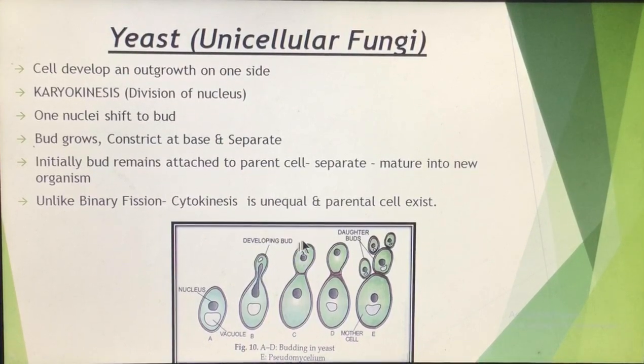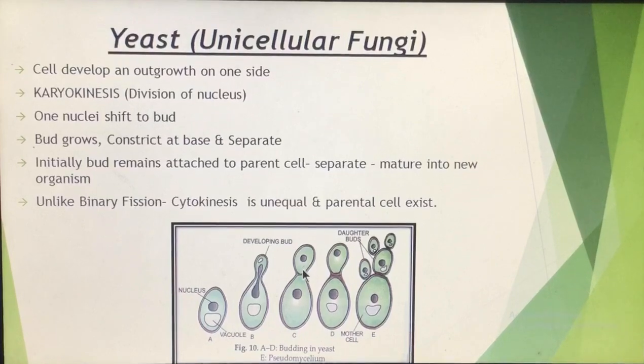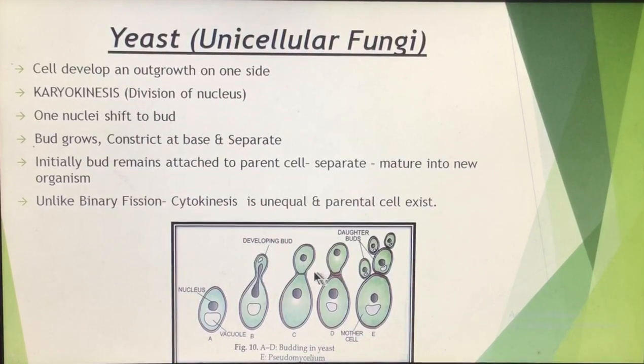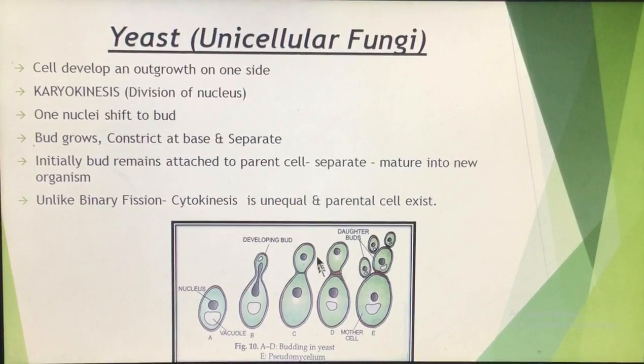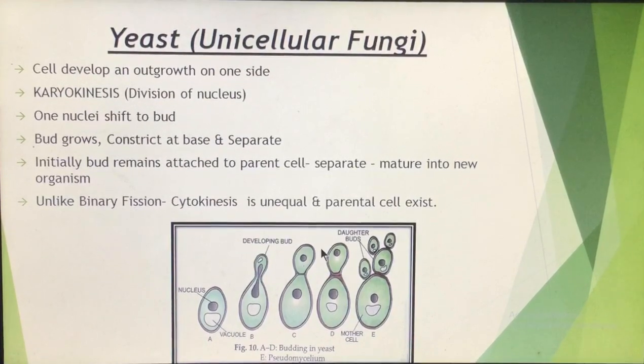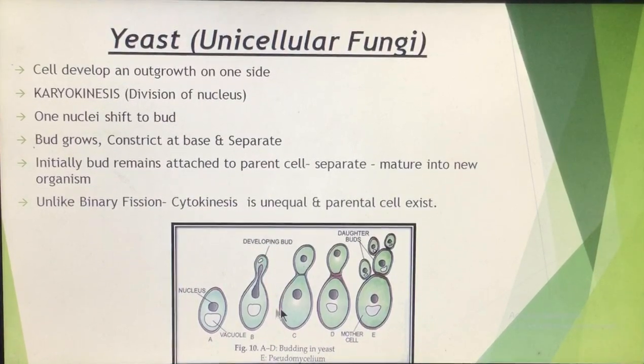So you can see here one nucleus shifted to the bud and ultimately a constriction is formed at the base. ये constriction बन गई यहाँ पे. So नीचे constriction is formed and then this bud with one nucleus gets detached and gives rise to the new organism. So this is again an asexual type of reproduction which takes place in yeast by budding.